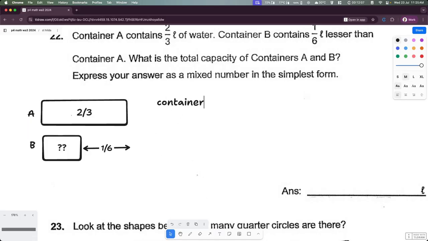Container B is equal to 2 over 3 minus 1 over 6. Now if you change 2/3 to the denominator 6, if we multiply 2 by each side, it will be 4 over 6 minus 1 over 6. And this will give us 3 over 6.